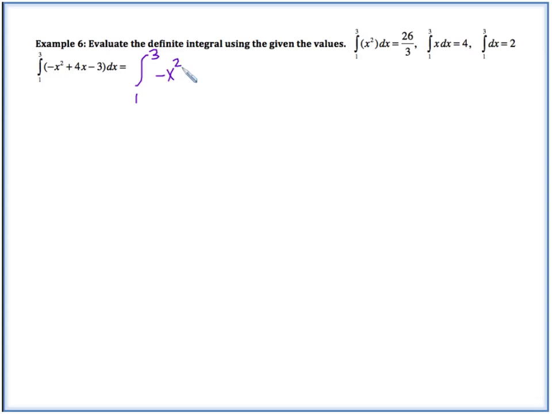So this will be the definite integral of -x squared dx, and then plus the definite integral from 1 to 3 of 4x dx, and then plus the definite integral from 1 to 3 of -3 dx. Okay, so once we've split it up, that was using the additive function property.